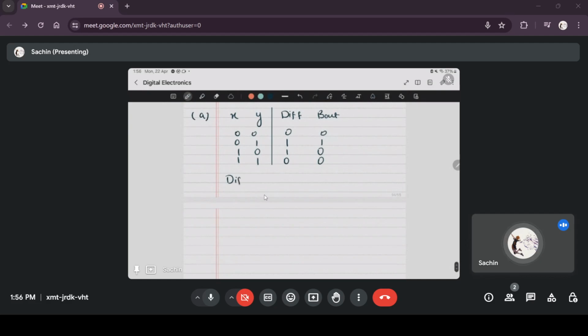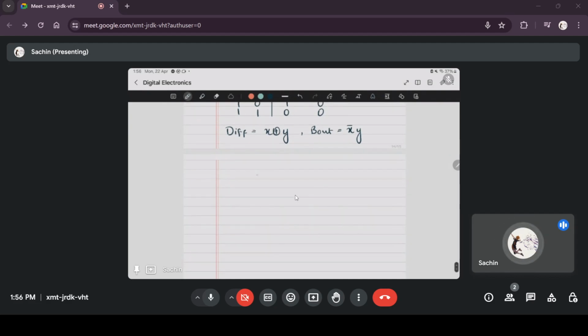So the difference is x XOR y, and the borrow is x bar y. So the circuit can be implemented the following way.